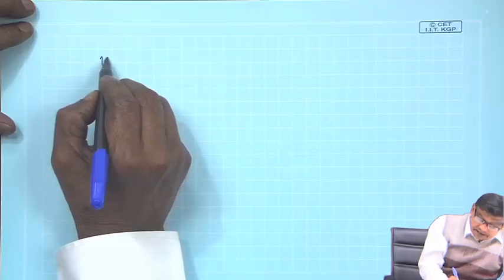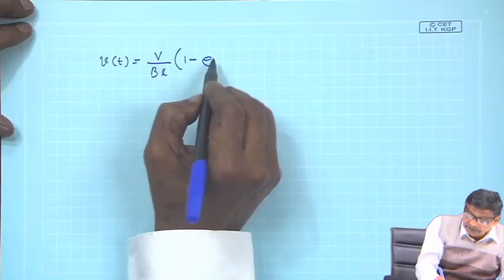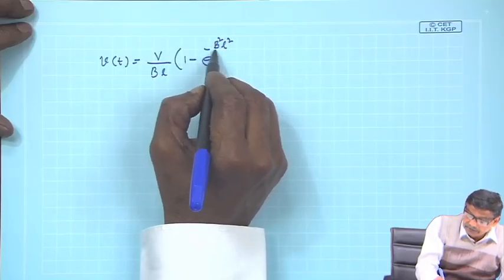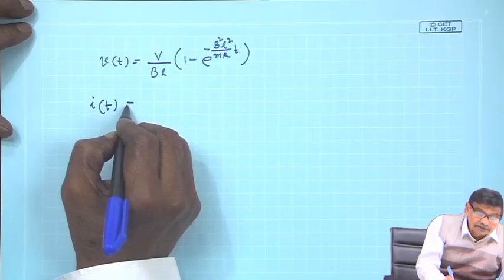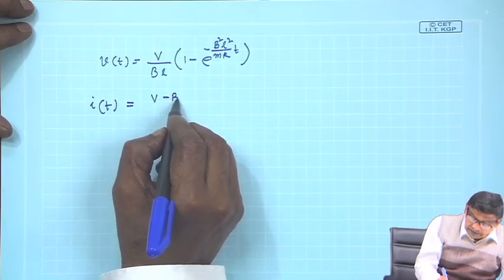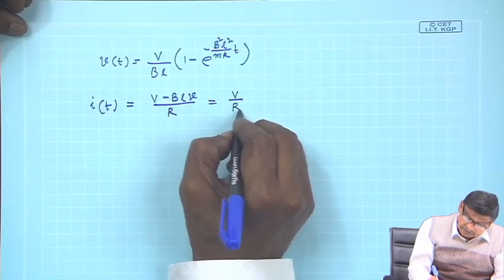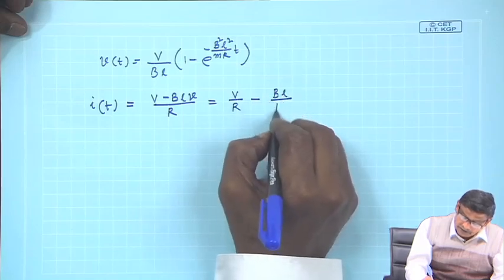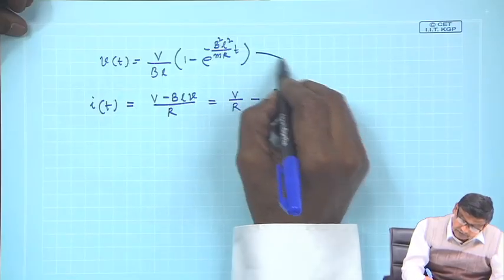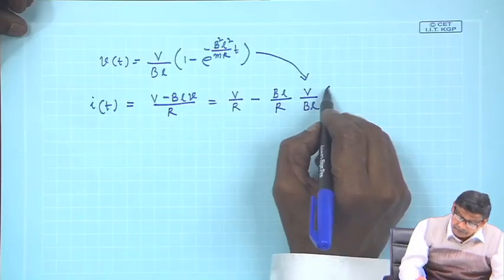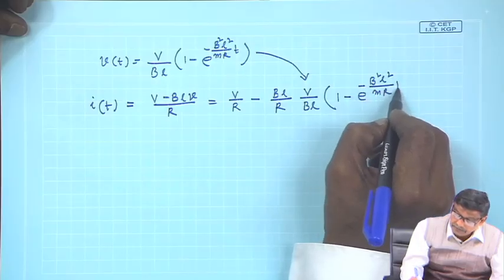So, V t I am rewriting: V by B L into 1 minus e to the power minus b square L square by m r into t, and we know that I t is nothing but V minus B L v by R. So, that is equal to V by R minus B L by R into v, and for this v I put V by B L into 1 minus e to the power minus b square L square by m r into t.